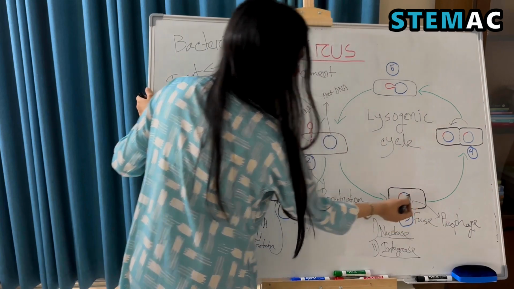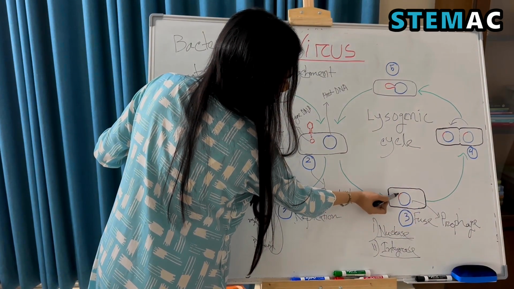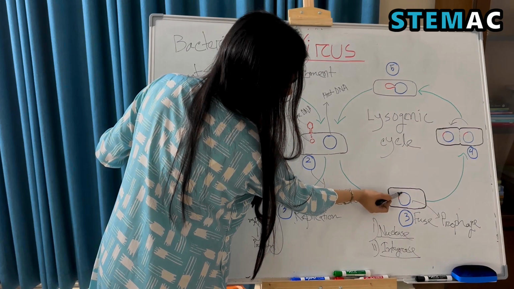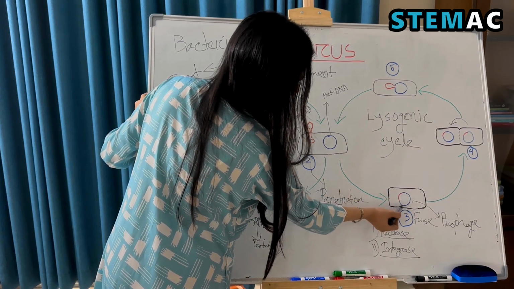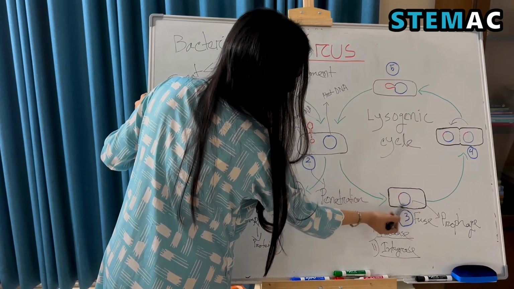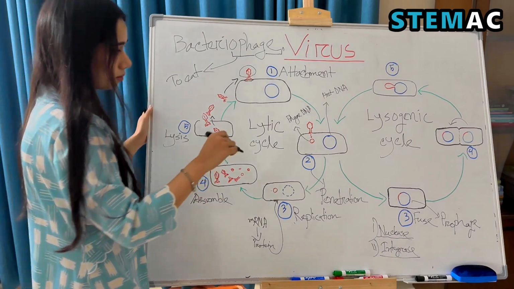So this is a prophage. Here we can see that the phage DNA, the red portion, has fused itself with the bacterial DNA. This blue portion is our bacterial DNA, and they have fused together to form a prophage.